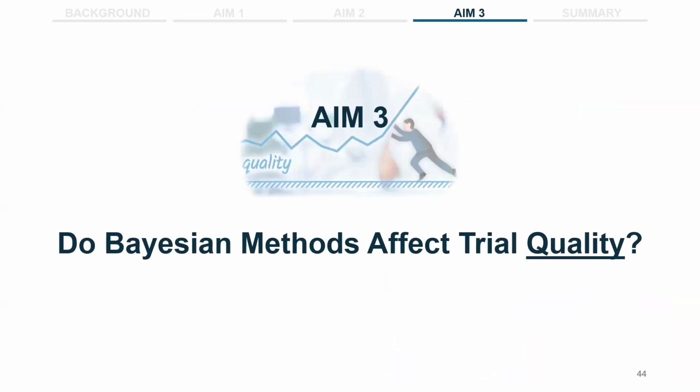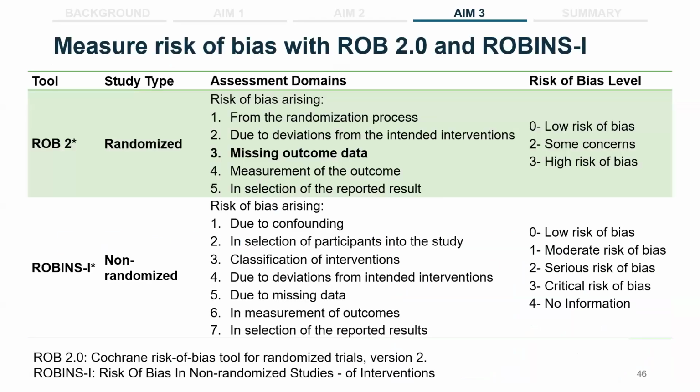After evaluating the efficiency, we also want to make sure the complexity does not affect the trial quality. First, we're going to measure the trial quality by risk of bias using the risk of bias measurement tool for randomized and non-randomized trials, because the outcome will be an ordered categorical variable.